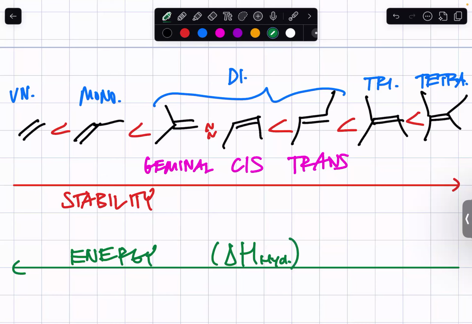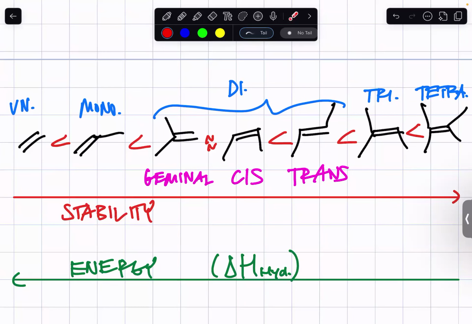The less stable alkene will have more energy, the more stable alkene will have less energy. You can see a question where it gives you multiple alkenes, and they could tell you to rank them in order of stability or in order of energy. You have to be careful because stability and energy are inversely related. Any questions on this so far?